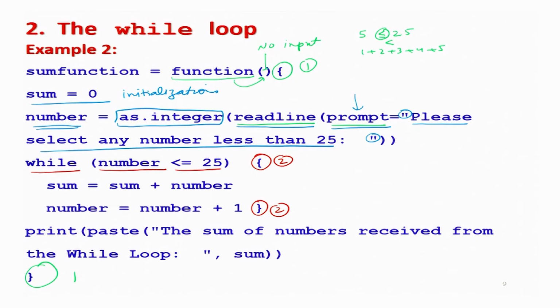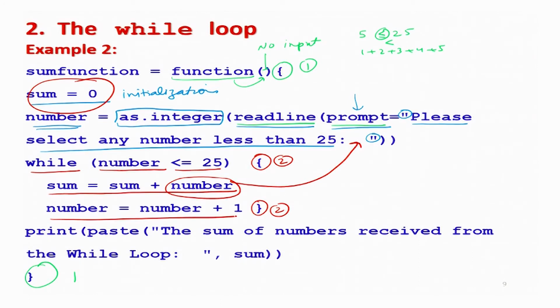The first statement I want to execute is sum is equal to sum plus number. The initial value of sum I have taken to be 0, so it will start from 0, and then whatever number I am entering is added. And then I execute number is equal to number plus 1.